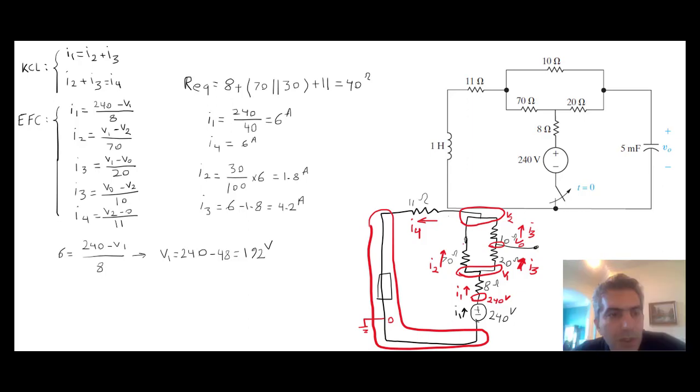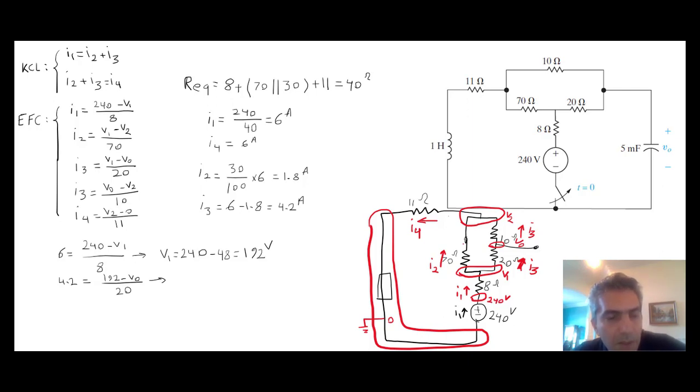Then, since I know what V1 is and I know what I3 is, I can simply calculate V out. So again, 4.2 amp is equal to V1, which is 192, minus V out divided by 20.